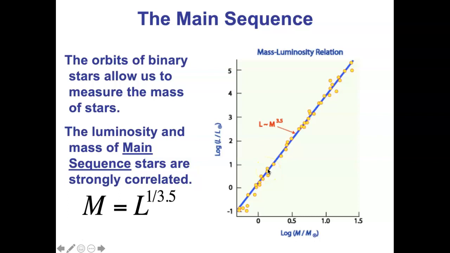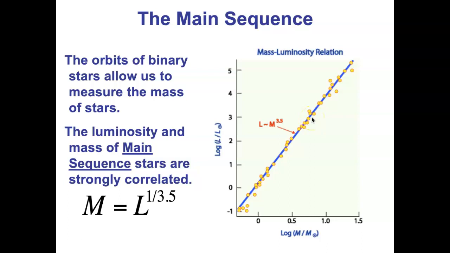When you take a whole bunch of main sequence stars and you measure their luminosities and you measure their masses, if you graph luminosity versus mass, those 2 quantities are a nice, tight, straight line. Luminosity and mass are absolutely related to each other, and that's not a coincidence. The higher the luminosity of the star, the higher the mass of the star.